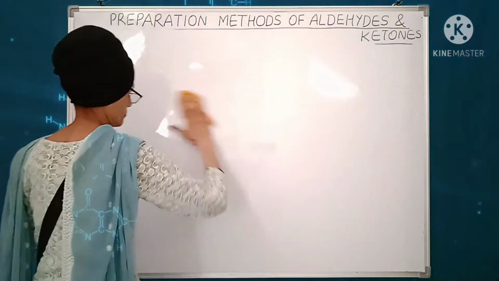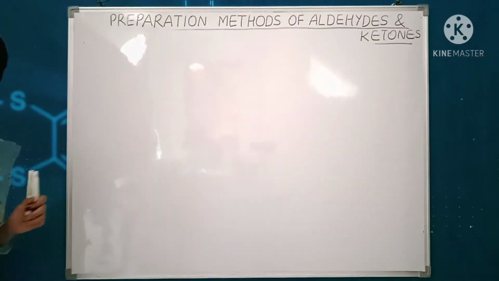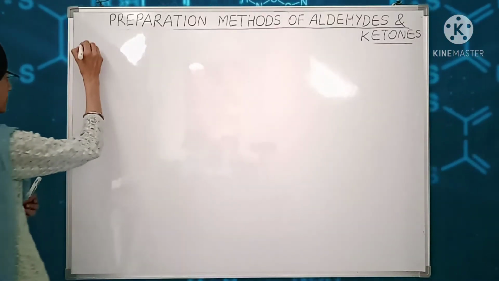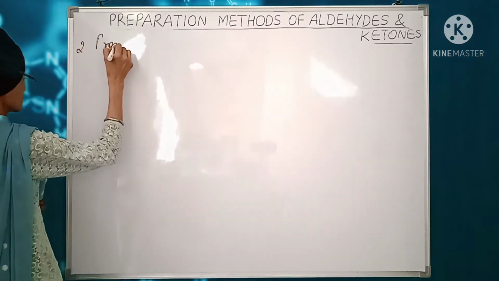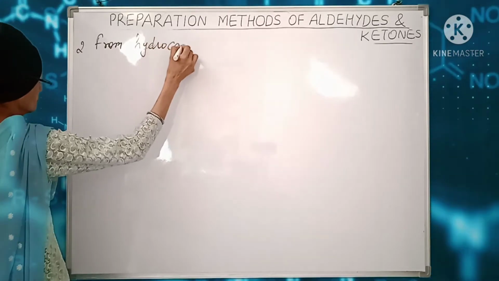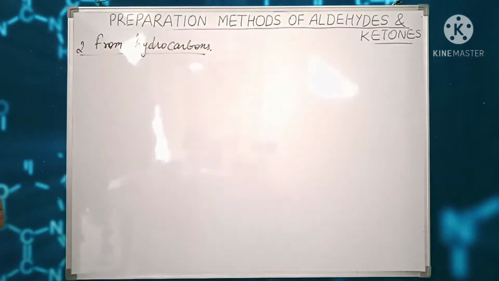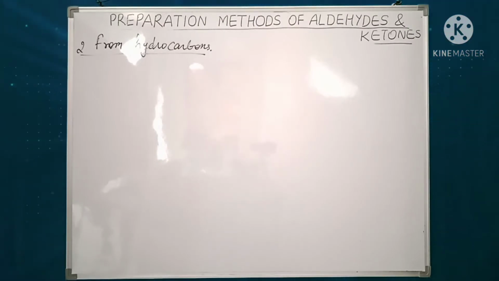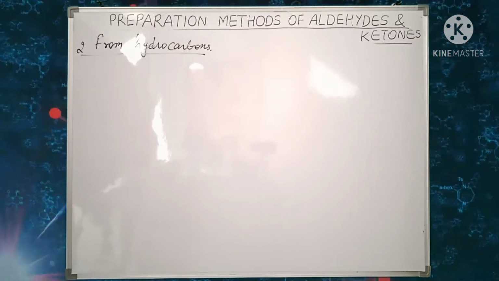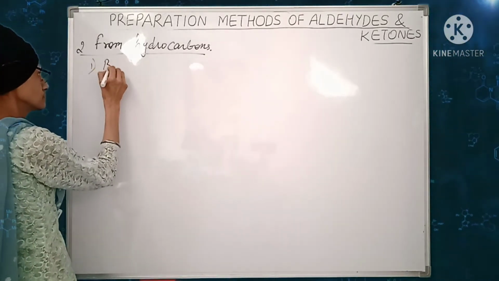After alcohols, the second method is from hydrocarbons. Under the heading of hydrocarbons, we have alkynes, that is by hydration of alkynes. First sub method.